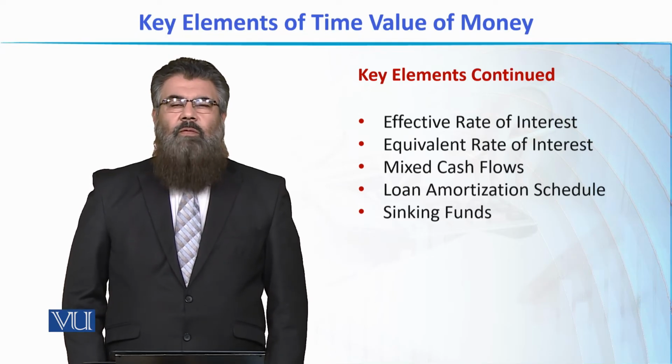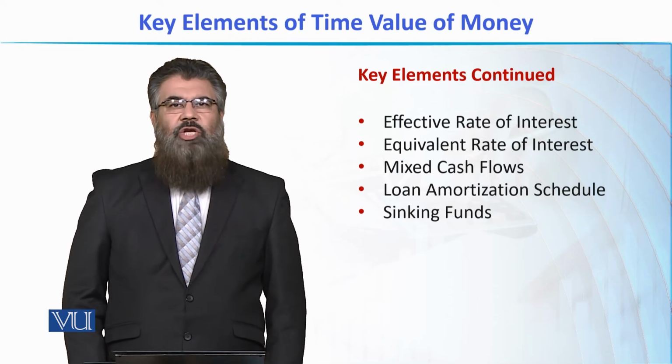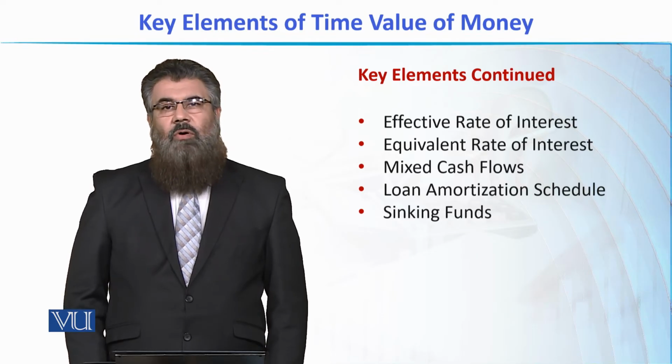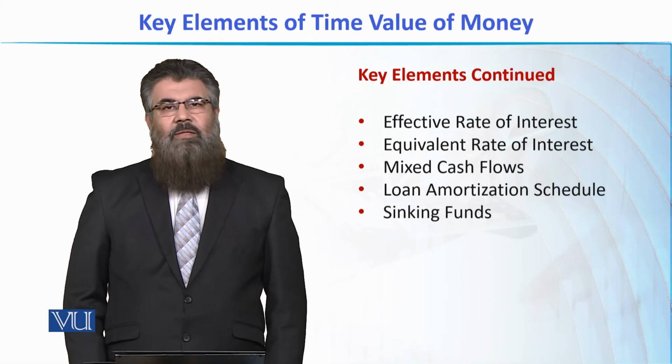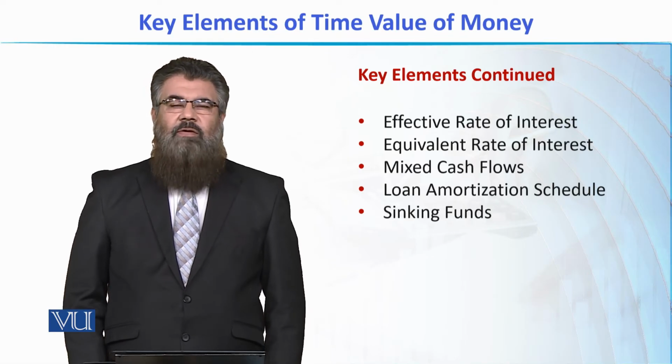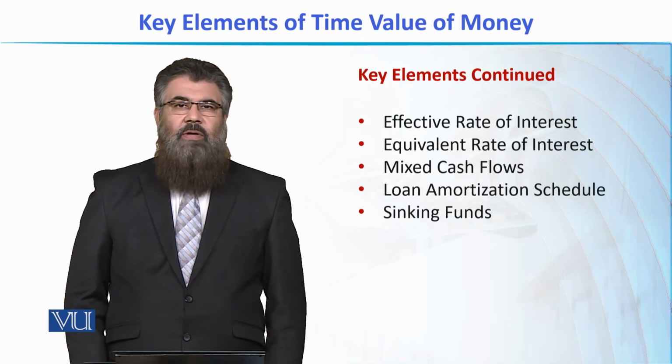And if we want to convert a rate from annual to monthly or quarterly or weekly or daily without changing its effectiveness, then such a rate is called equivalent rate of interest. We've discussed the formulas of effective rate of interest as well as equivalent rates of interest.